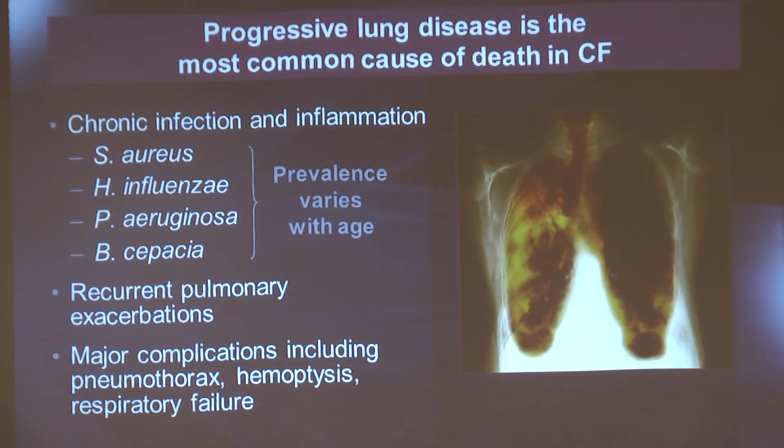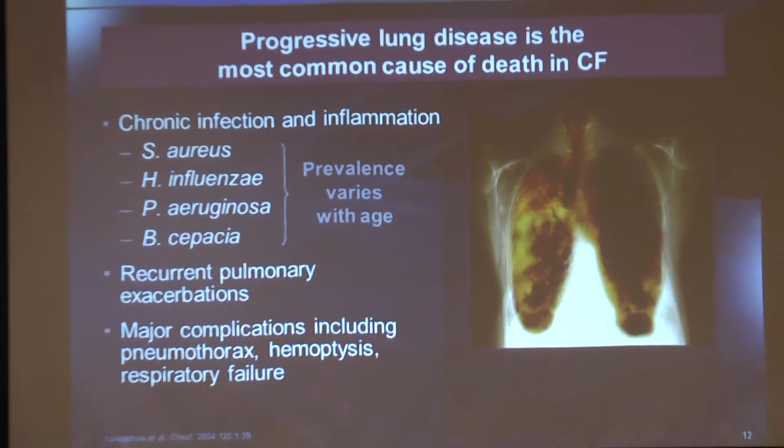you've heard about today. But we know that there's a number of other important microbial pathogens or harmful organisms that we can culture from our patients. We also know that people have recurrent exacerbations. This is another area where I think we lack some important clues as to what's going on.